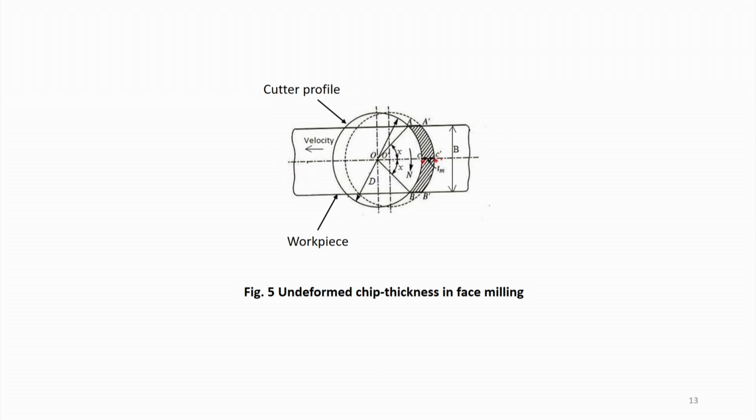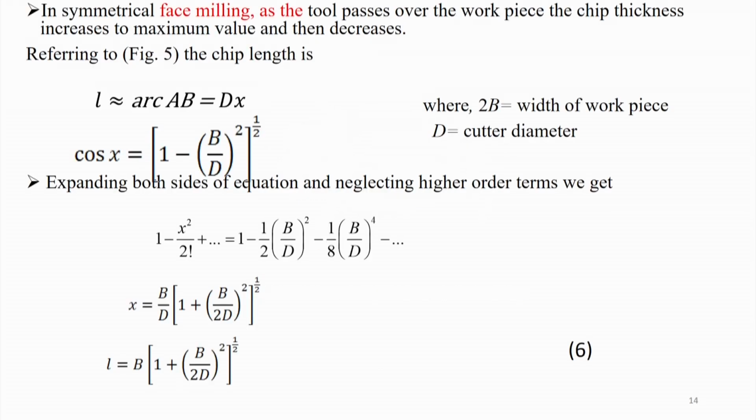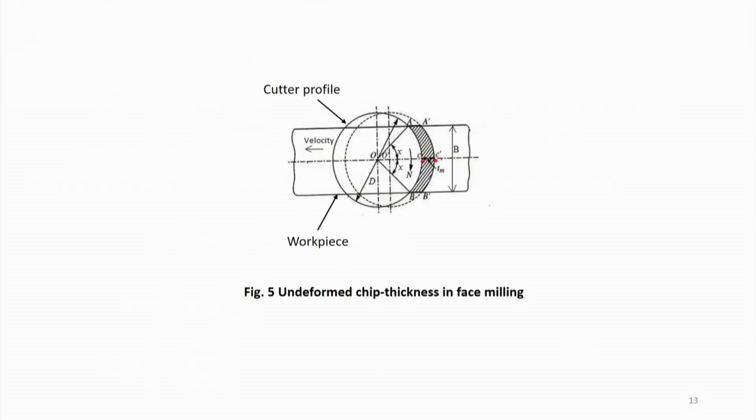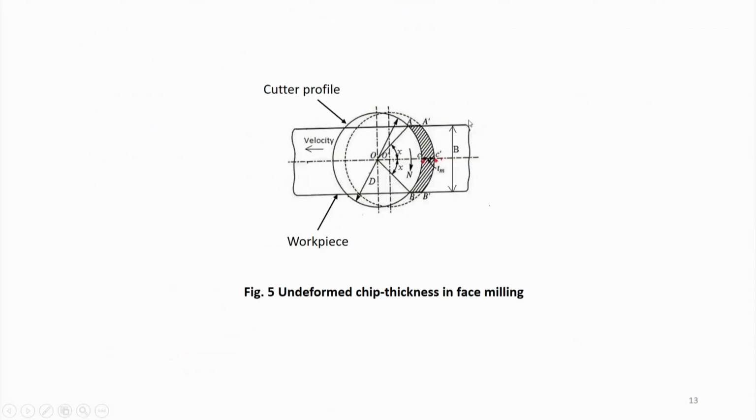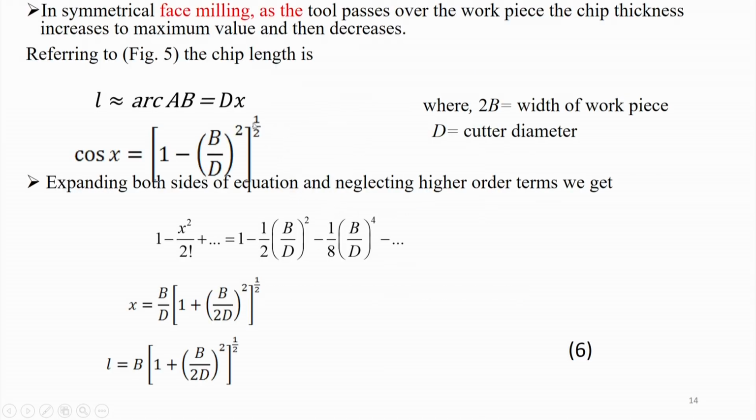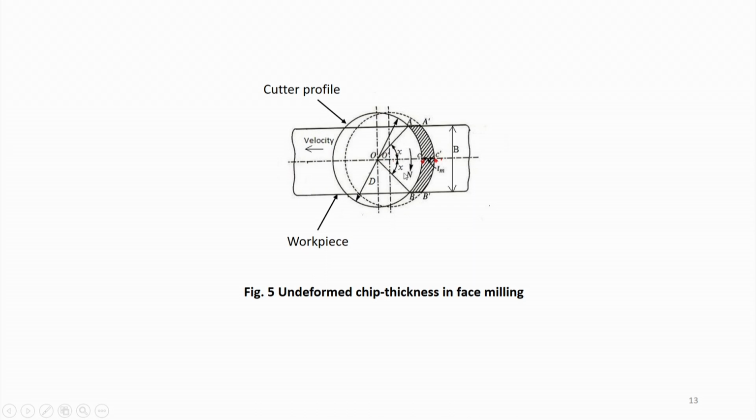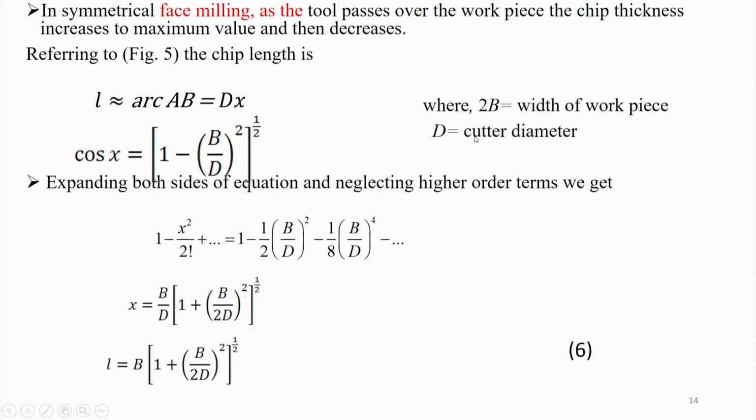Now referring to this figure, the chip length L is equal to arc AB, that is the chip length. Here the chip length is actually d x, where d is the diameter and x is the total included angle, and 2b is the width of the workpiece, d is the cutter diameter.